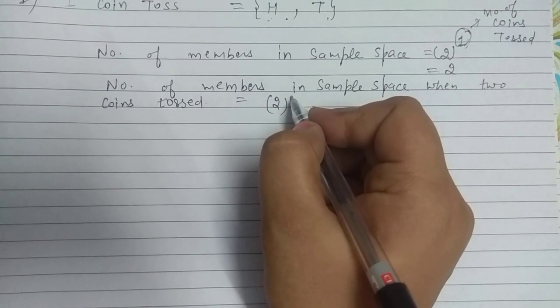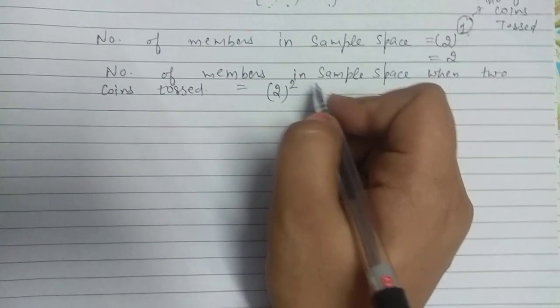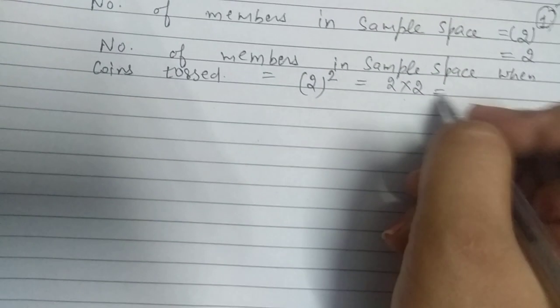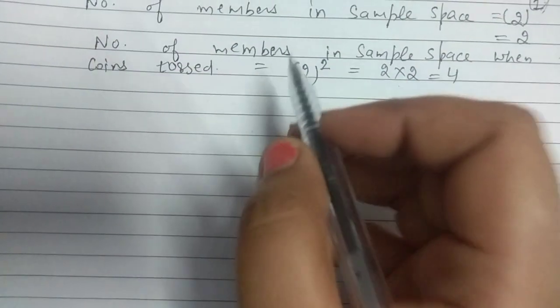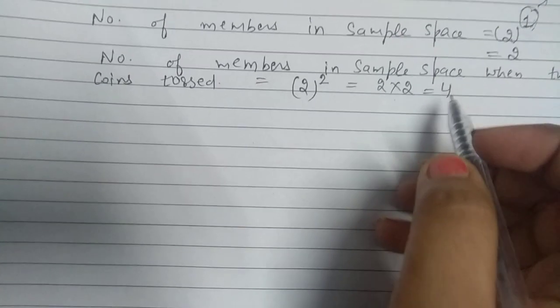So 2 raised to power 2. Why raised to power 2? Because 2 coins are tossed. 2 raised to power 2 means we have to write 2 two times, so 2 times 2 is 4. So when we toss 2 coins together, we get 4 members in the sample space.